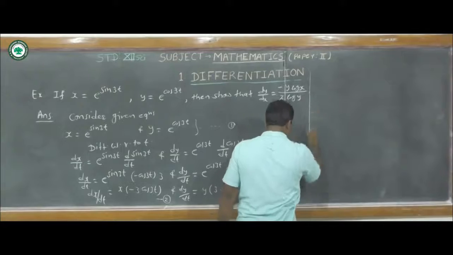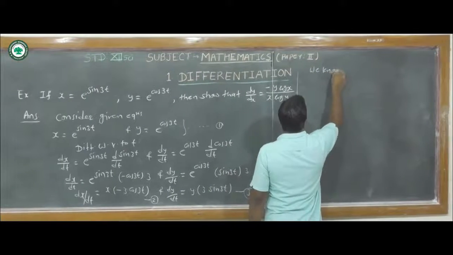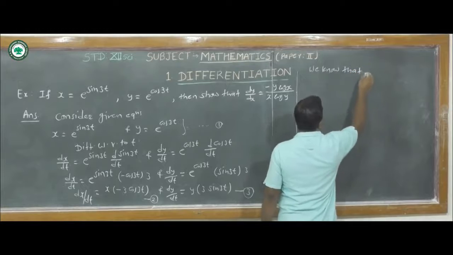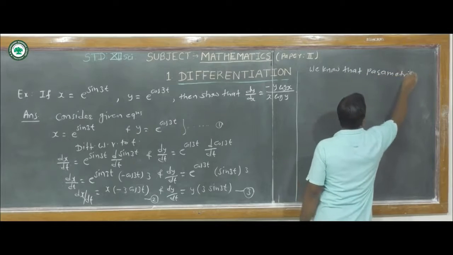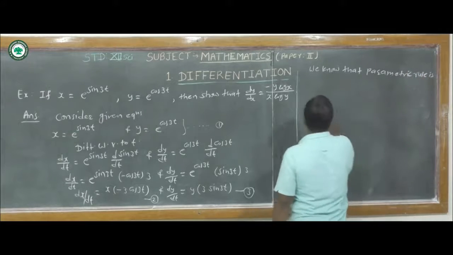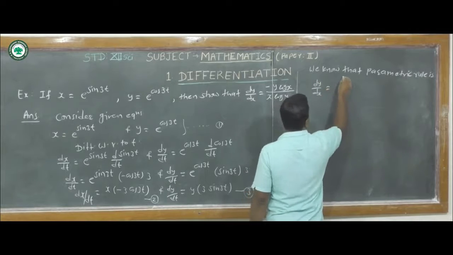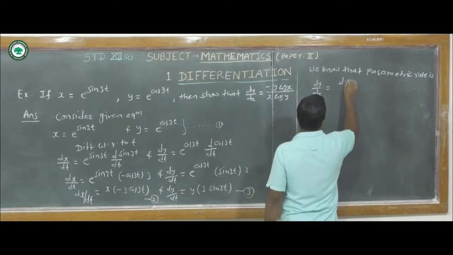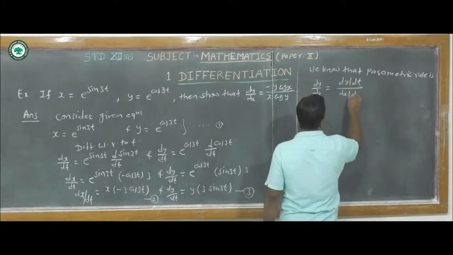We know that the parametric rule is dy by dx is equal to dy by dt upon dx by dt.